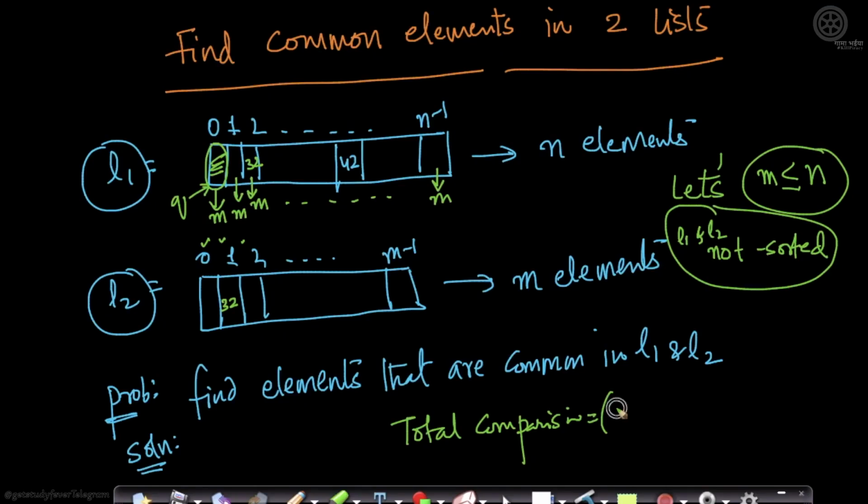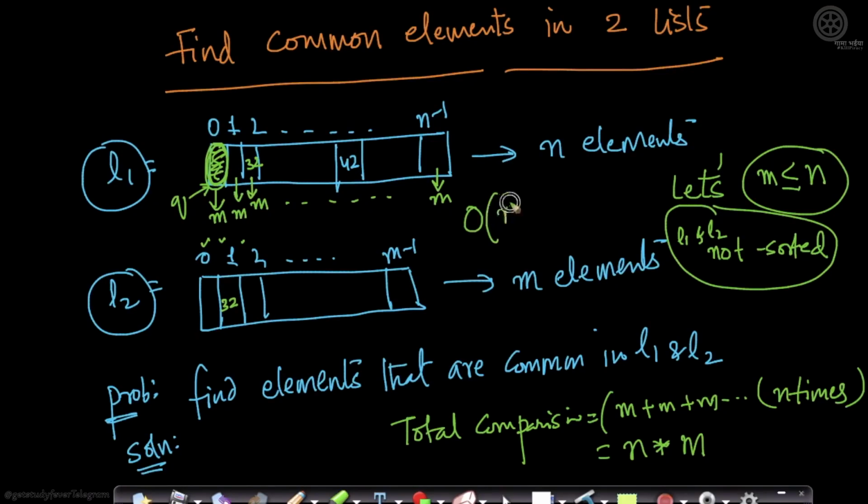It is m plus m plus m, and so on, n times, which becomes n into m. Because for each element here, checking whether it's present in the other list takes m comparisons. So the time complexity for this is order of n into m.